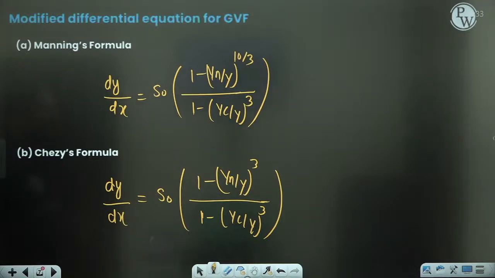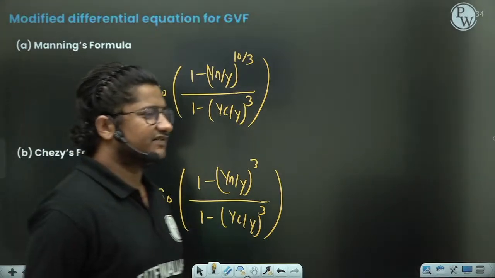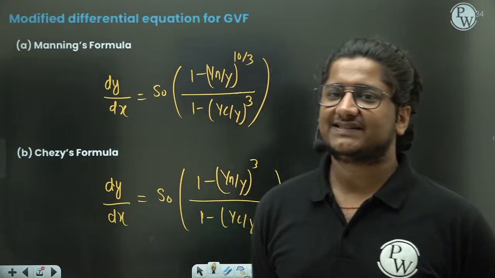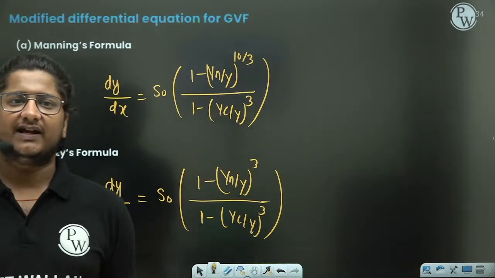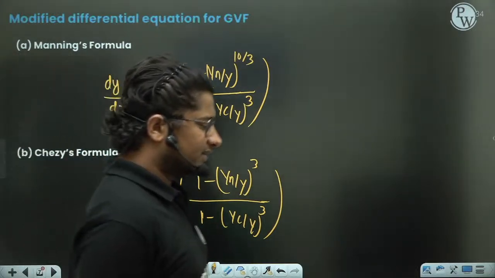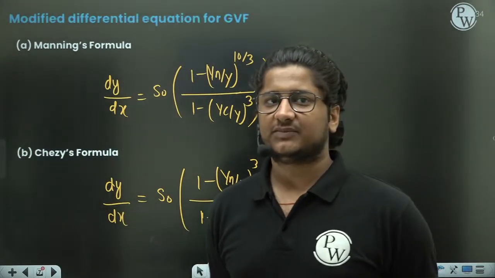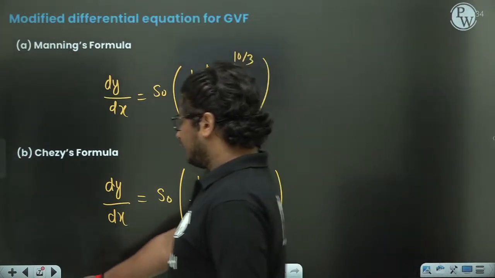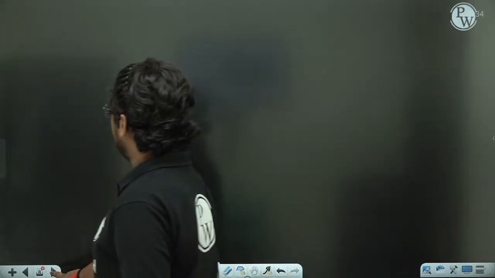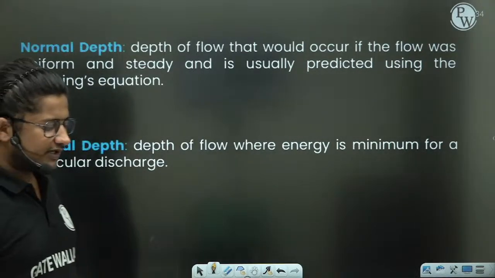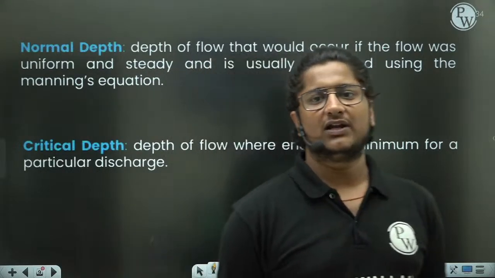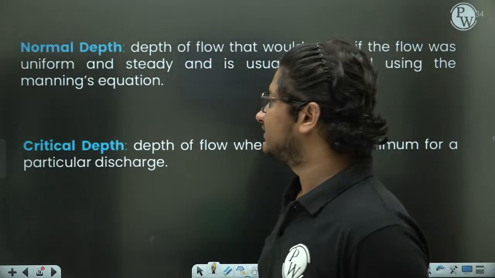Now I have used three depths here. One is yn, the normal depth. Second is yc, the critical depth. And y is the depth at whatever section or location you are finding now. I have already given you the complete detail on how to calculate critical depth for any cross section.